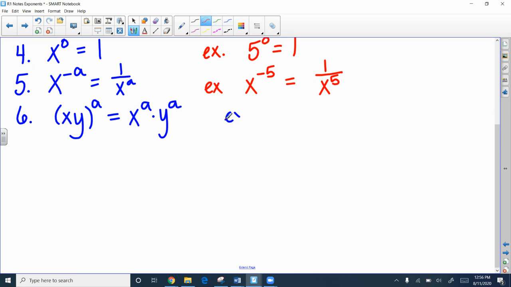So for example, if we have something like 3x to the 4th power, notice that 3x is in parentheses. I have to do the 3 to the 4th power and the x to the 4th power. So I have to do everything in the parentheses to that power. We could leave it like this with the 3 as an exponent, or we can evaluate it out. 3 to the 4th power, or 3 times 3 times 3 times 3, gives us 81x to the 4th.